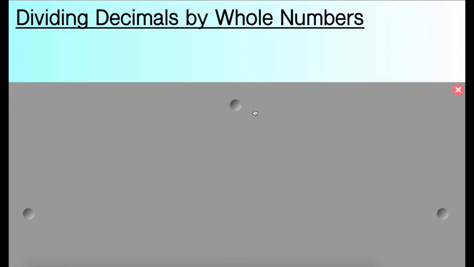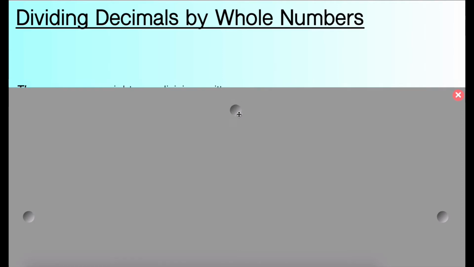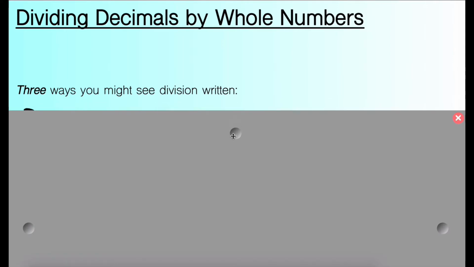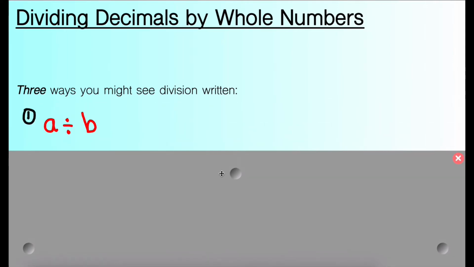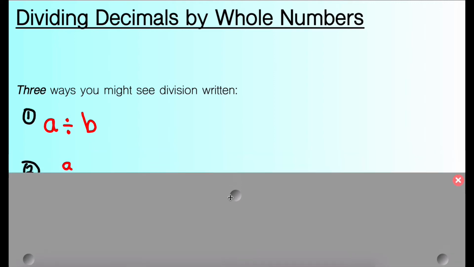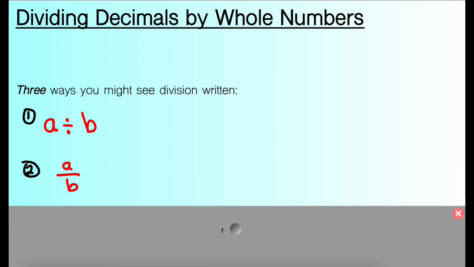So the basics, in my eyes, are understanding the ways that you might see division written. And there are three ways that you might see division written out. And the first way is classic with that division symbol right there. So some number, I'm using letters here, but it could be any number, divided by another number. Another way you could see division written, we've talked about this a bit this year, but it kind of looks like a fraction.